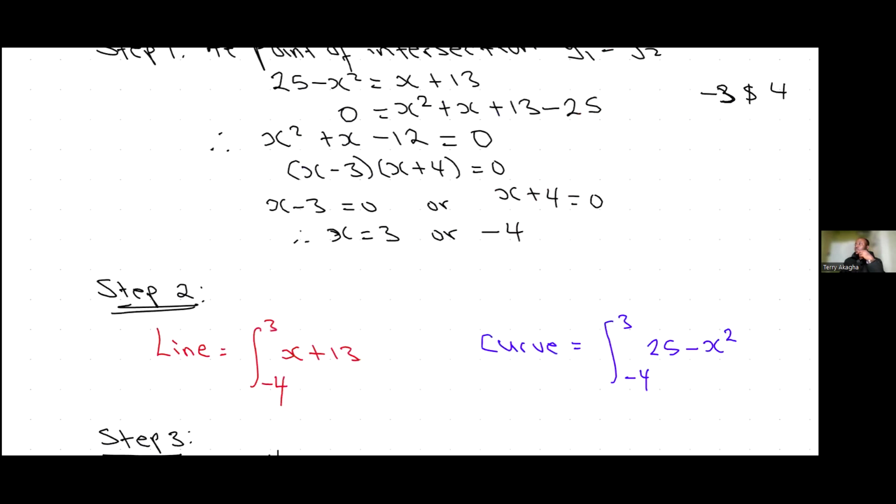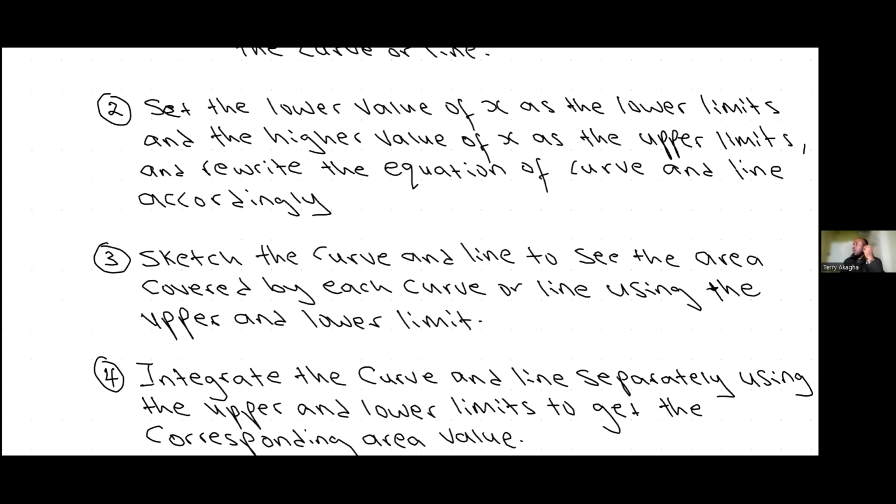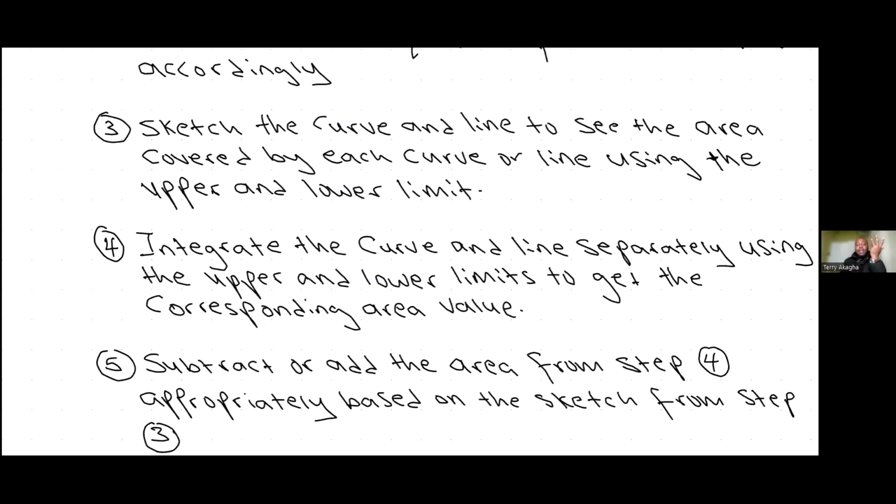So let's now go to step 4. That's why I said in step 4, you now have to sketch the curve, and integrate them separately using their upper and lower limits. Then you have to subtract or add in step 5. So in step 4, we have to integrate them now.